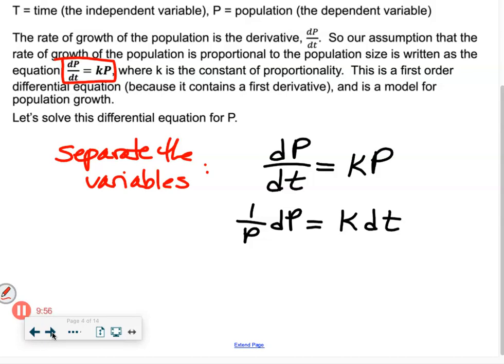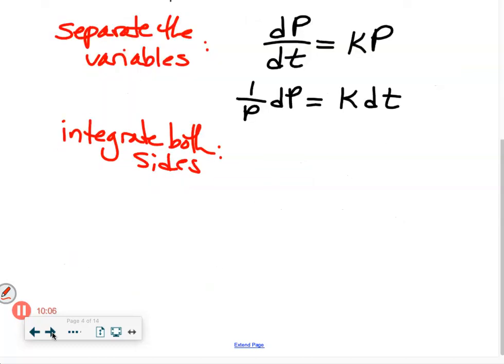How on earth do we solve this? We're going to integrate both sides. So we're going to have the integral of 1 over p dp equals the integral of k dt.